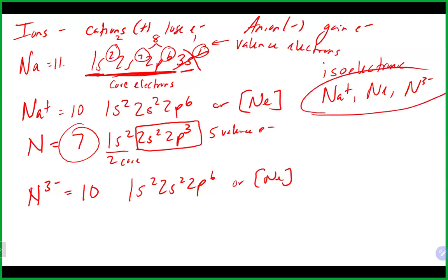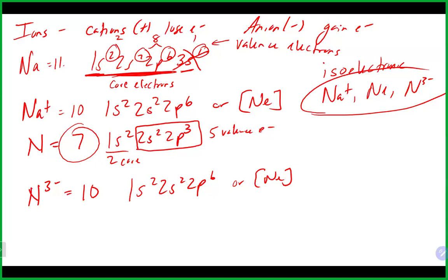And this is normally what happens, as we talked about when we did bonding, the idea of ionic bonds. When somebody loses electrons, especially the representative metals in group 1, 2, or 3, they lose enough electrons to back up to the noble gas that comes right before them. And that's what we see with sodium. It loses 1 electron, moves back on the periodic table to neon, which makes it really stable.